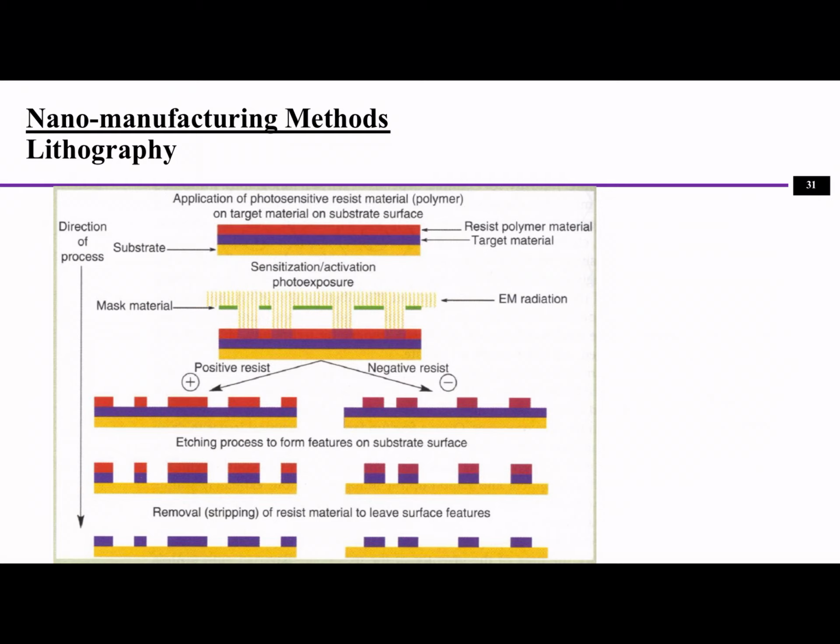This is a very, very important process, especially used in making microchips. We know microchips are getting smaller and smaller, and making those microchips requires a really complicated process, and the technology is dominated by only some large companies.